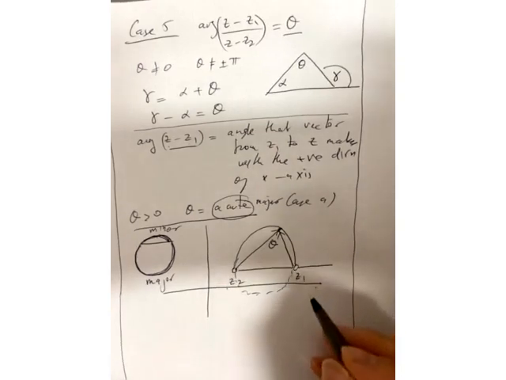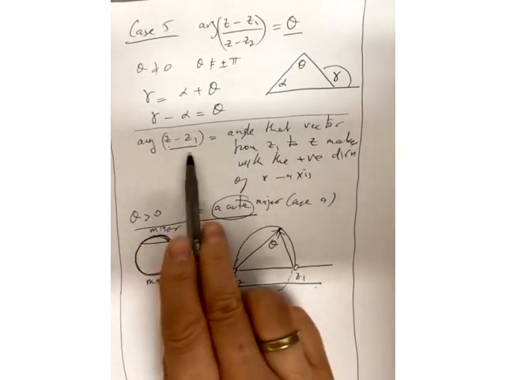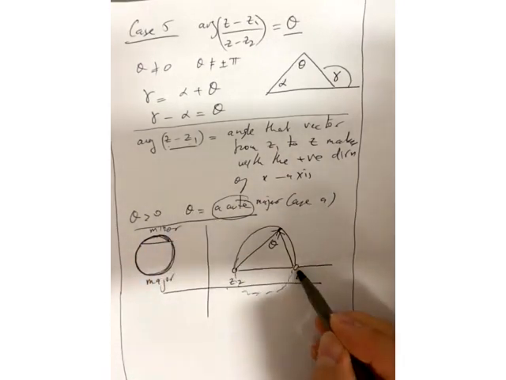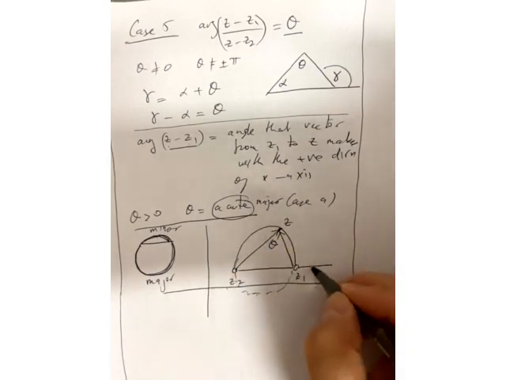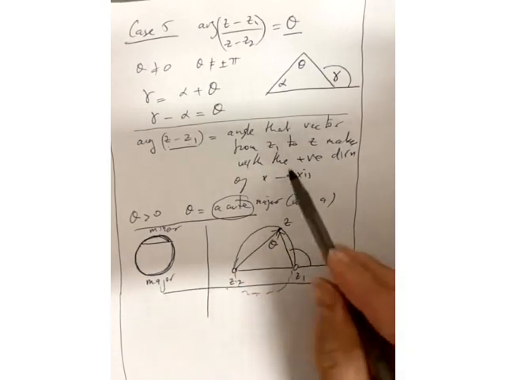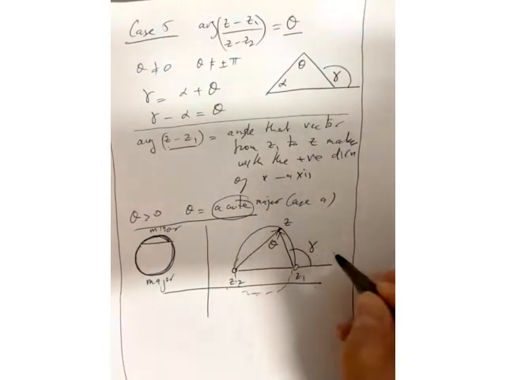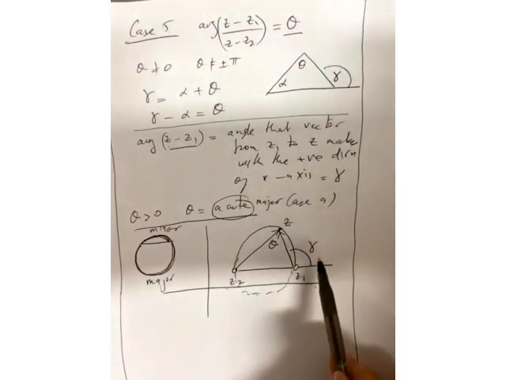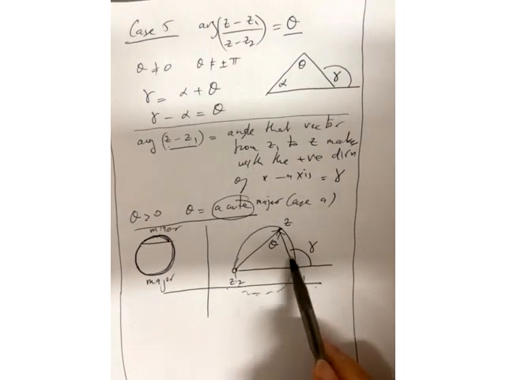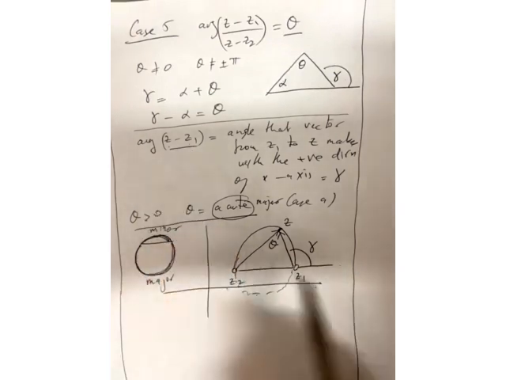Using the definition of arg(z minus z1), there's your z1, there's your z, and z lies on the arc. This angle here, let's call it gamma. According to the definition, it is the angle from z1 to z making with the positive direction of the x-axis, and that's arg(z minus z1).